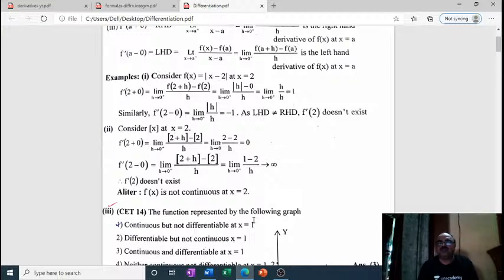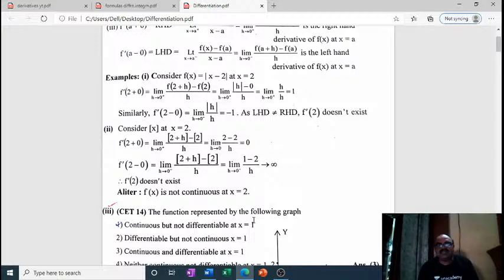Similarly, f dash of 2 minus 0, limit h tends to 0, h mod h by h is minus 1. Compare the two, left hand derivative and right hand derivative, they are not equal. So definitely f dash of 2 doesn't exist.